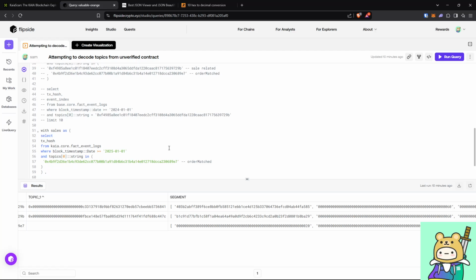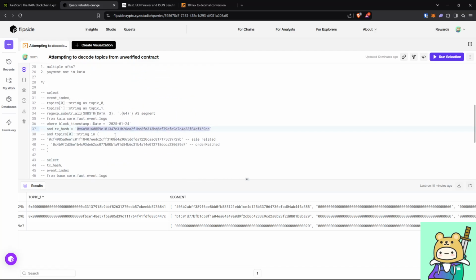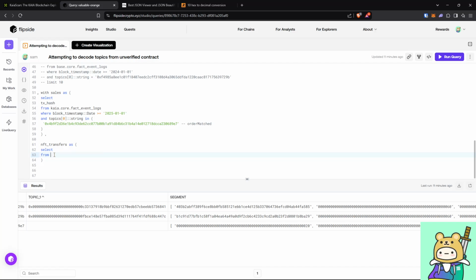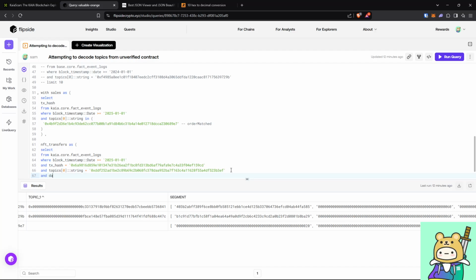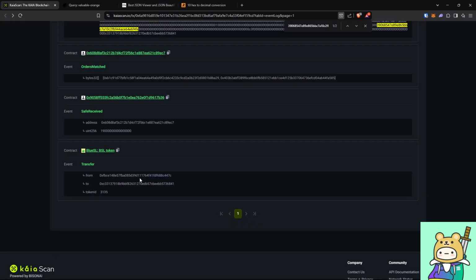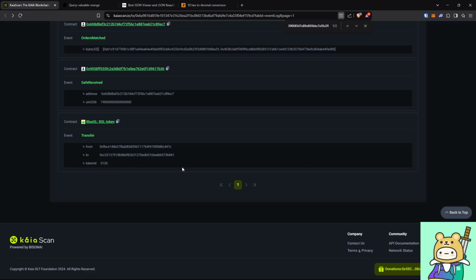Okay. Let's just use this as an example first. From the transfer, and then data is not null, and then I think that's it, right?